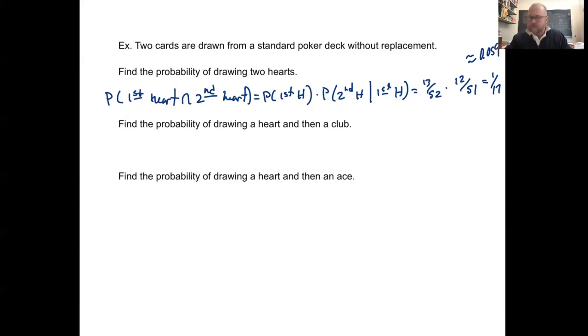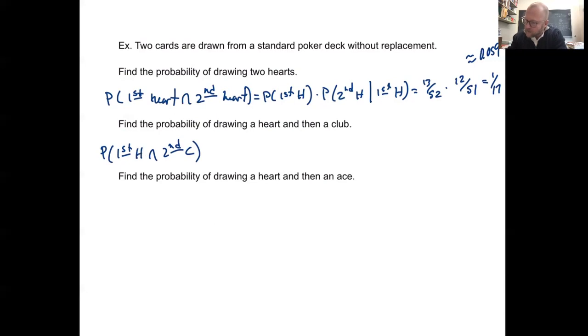0.059. Okay, so yay. Then if we do the probability of drawing a heart and then a club, oh, I did it backwards. This one's supposed to be the club, and this one is supposed to have been the heart.